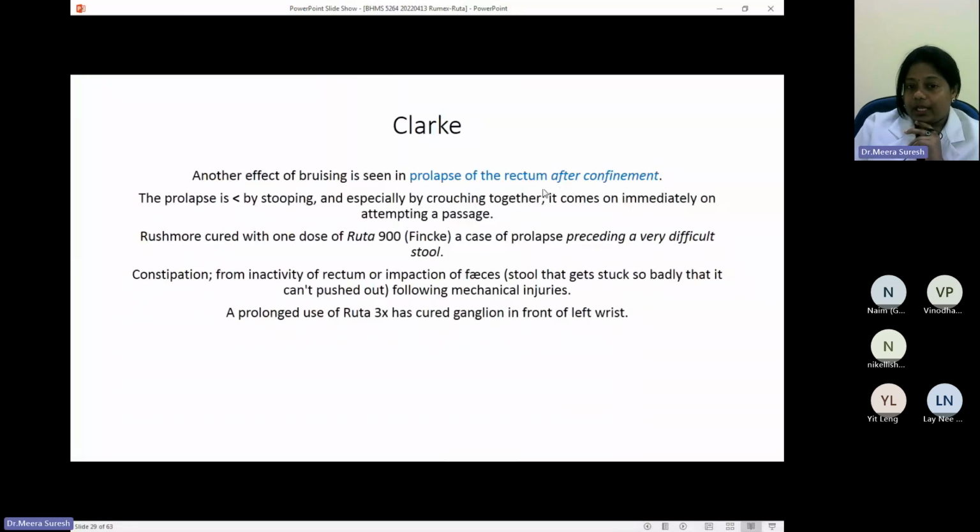Then another effect is the prolapse of rectum, aggravation from stooping, especially by crouching together. And Seven Rushmore had cured with one dose of Ruta 900, Fincke potency, a prolapse preceding a very difficult stool. Can be constipation also, especially from inactivity of rectum or impaction of feces.